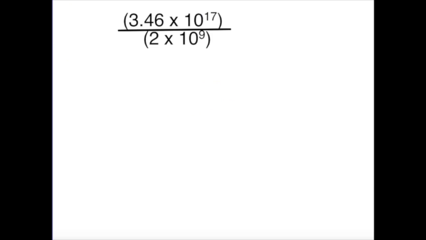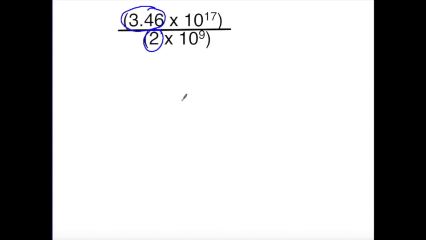Here, we have a division problem. We're going to do a very similar process and make sure that our answer is in scientific notation. The first thing we need to do is simply divide. We're going to divide 3.46 by 2.